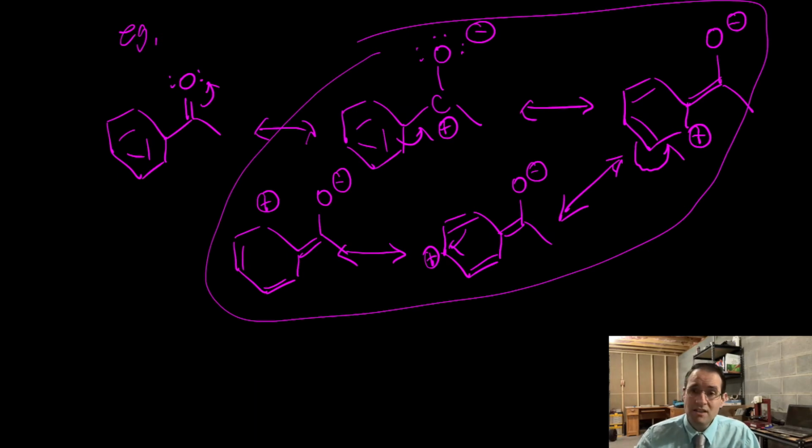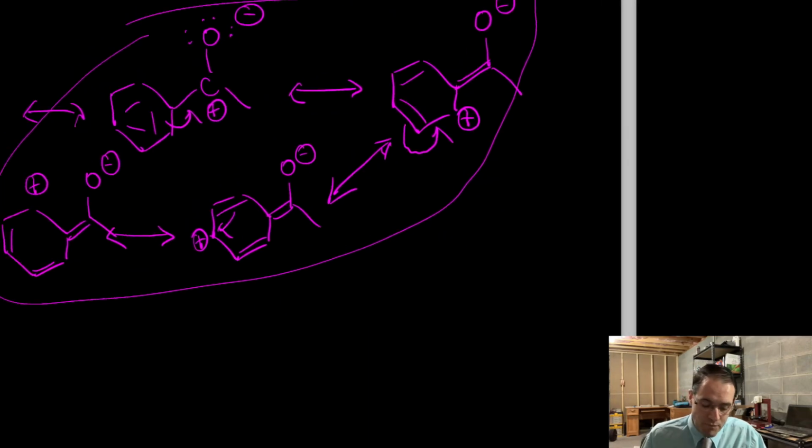In contrast to the electron donating groups that place a negative charge in the ring, these electron withdrawing groups all place positive charge within the ring, and that by definition makes it less nucleophilic. Okay? So if we drew the resonance hybrid of this molecule here, we could draw a partial pi bond there.